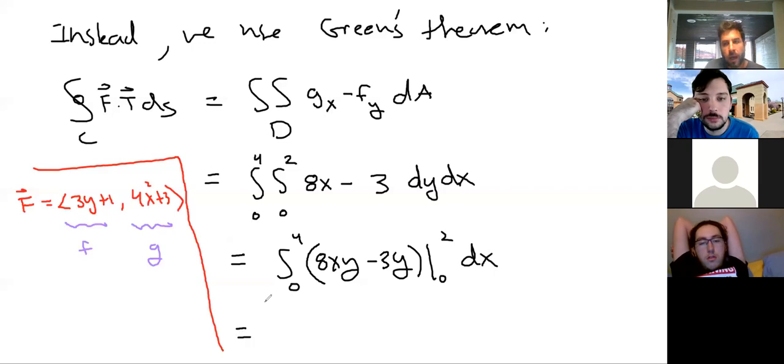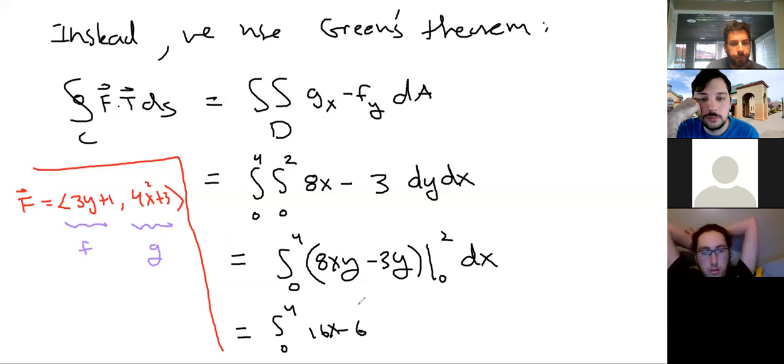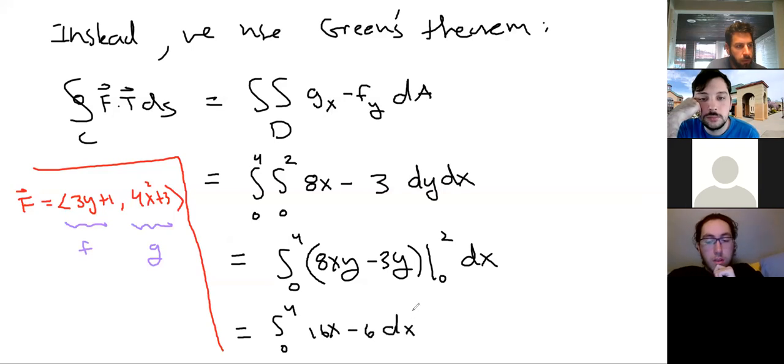So I'm going to set y equal to 2, and you get the integral from 0 to 4 of 16x minus 6. And then, of course, when I plug in y equals 0, it just goes away. So now I integrate with respect to x. I'm left with 8x squared minus 6x from 0 to 4.